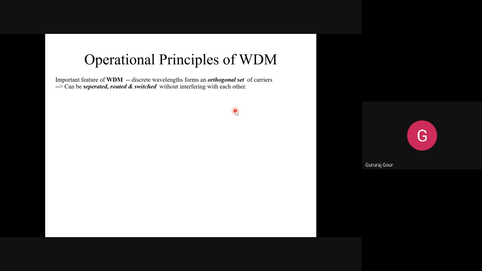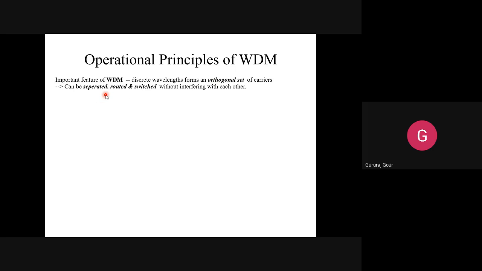The carrier, if you want, you can also keep different. That's why he's telling orthogonal. Orthogonal means, in one way or the other, unique intensity modulated waves having different wavelengths and supporting different formats that you are going to multiplex. That is what is meant here.